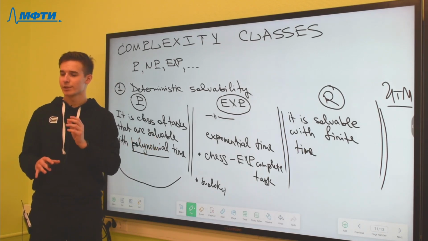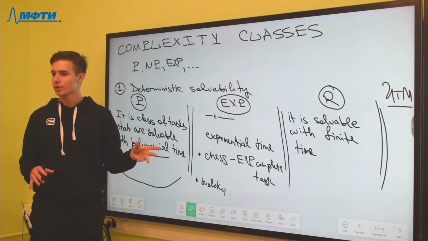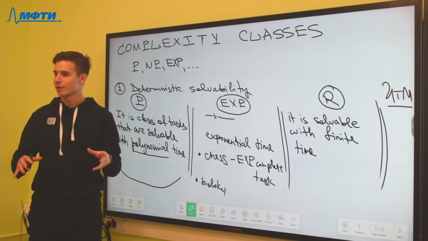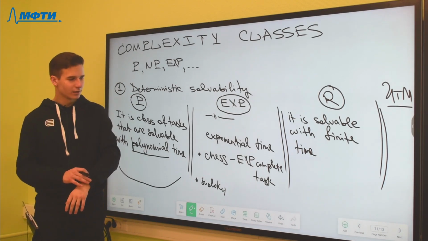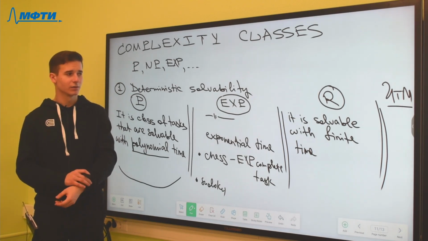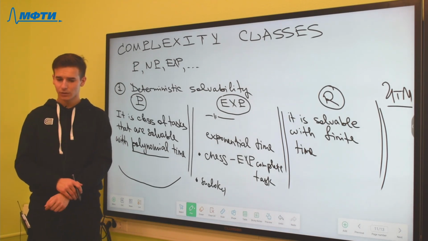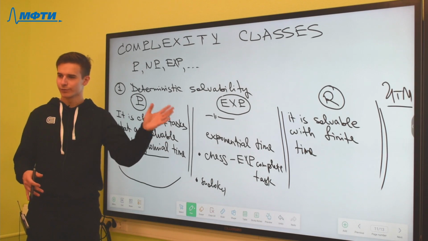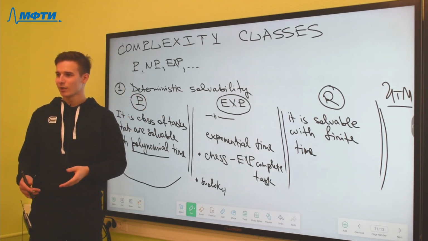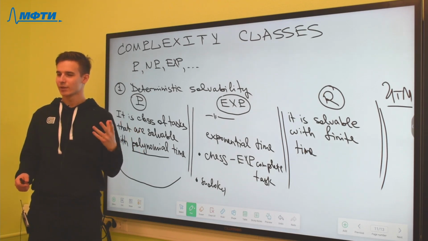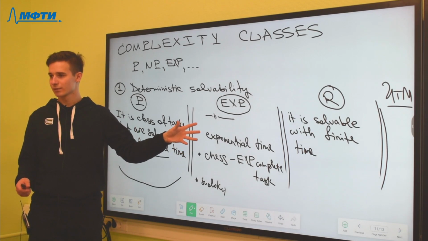For example, such tasks you can face in optimization problems, such as transport optimization problems. So it means that in industry, if you go to a company or start your startup, you can face the restraints of the computers because of the complexity of tasks.